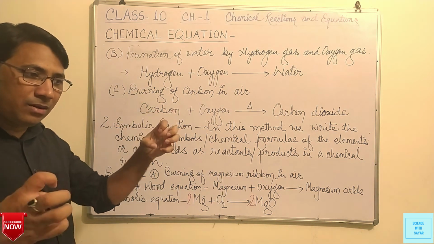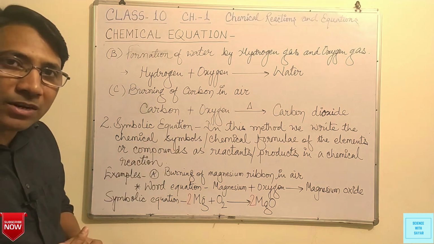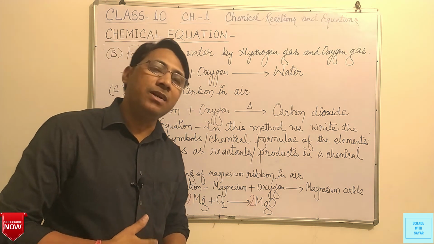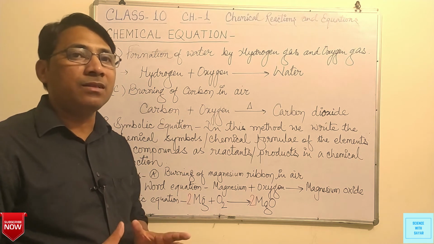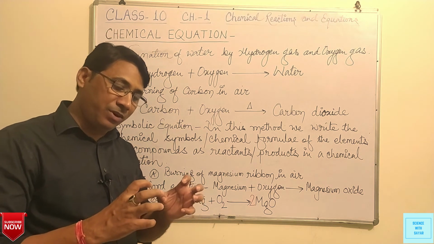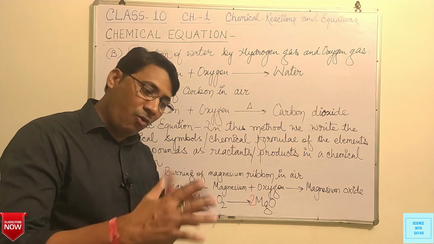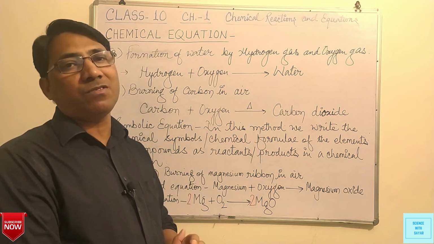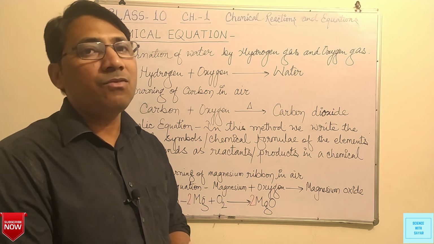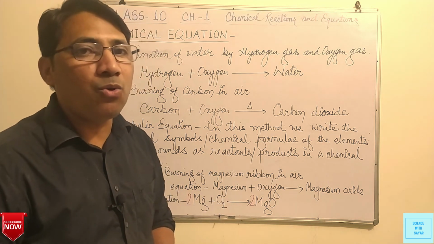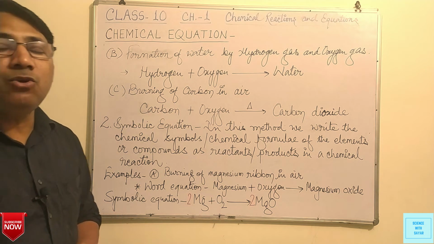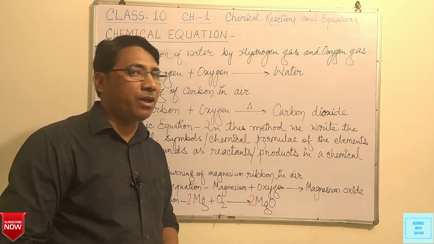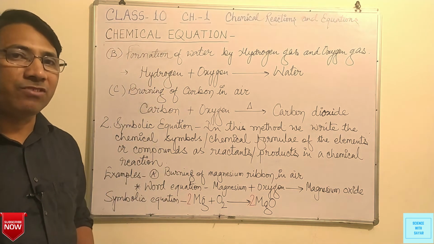But if two or more elements combine together and form a new substance, that is a compound. For example, carbon and oxygen form a new substance, carbon dioxide, whose constituents are carbon and oxygen. So its formula will be CO2. It means one carbon atom is combined with two oxygen atoms, forming a new substance, carbon dioxide.